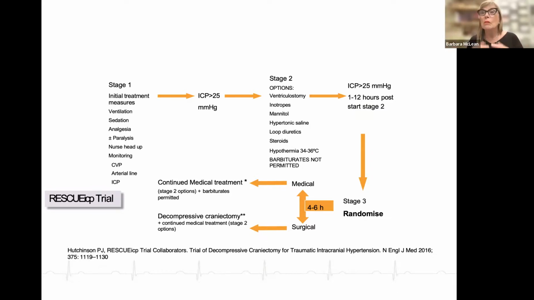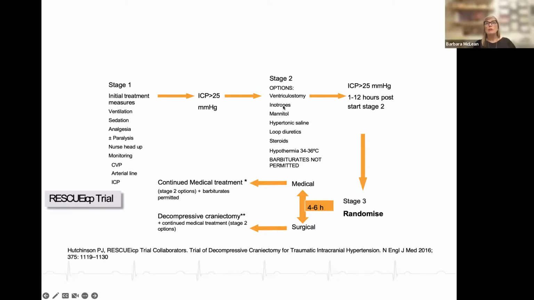With sedation, you're going to be aggressive with analgesia. You may even use a paralytic. You might use phenobarb coma, or pentobarb coma. That's going to be a little bit later, typically. But one of the things you can do is make sure that neck is straight and make sure the head of the bed is up, because you want to facilitate drainage. You want to facilitate venous outflow. ICP greater than 25, we're going to move to stage 2.